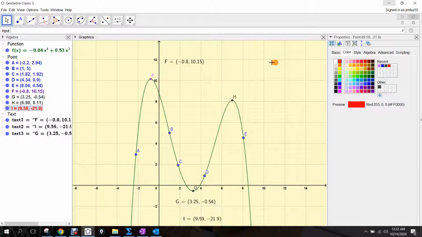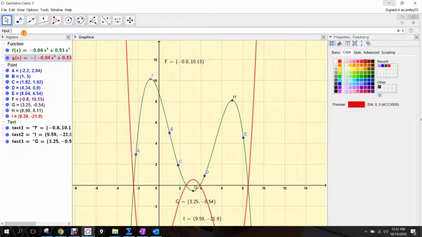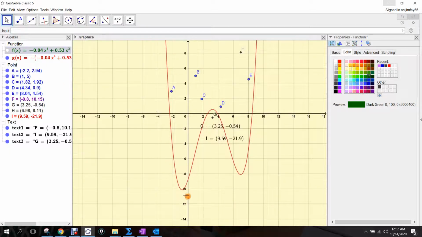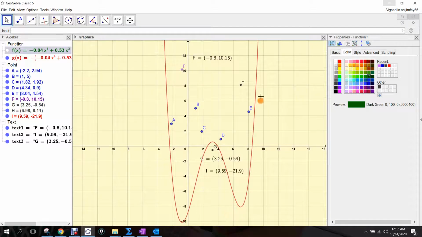Or if it was reflected, so if I have the opposite of f, this red function, now I'll have a global minimum down here, but I will not have a global maximum anymore because it's going to infinity, and I don't know what infinity is. I can't define it.